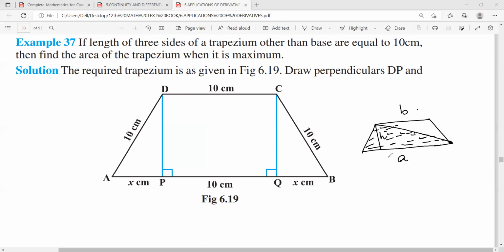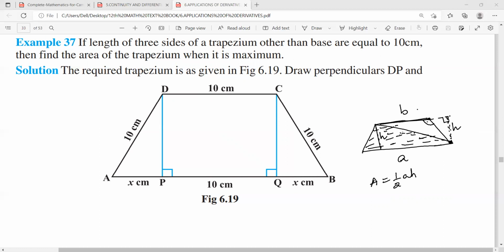Area is what you know: half into A into H. For this triangle, because it's an obtuse angle triangle, the height will be outside, not inside. Now this is the base and this is the height. The height will be the same H only. The height is the distance between these two parallel lines.